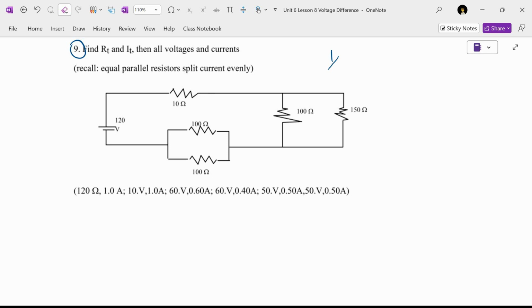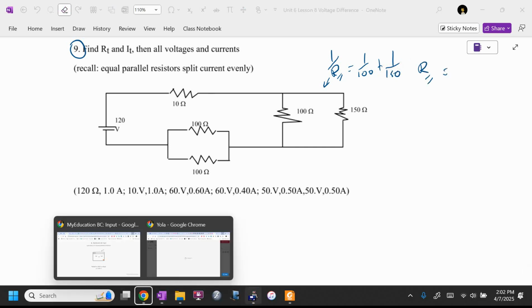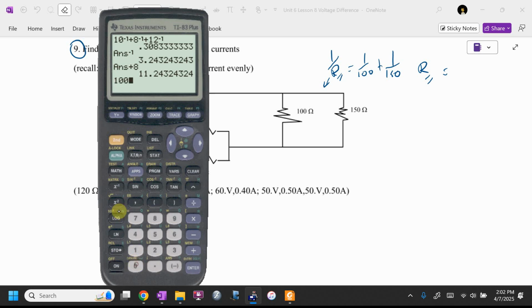Okay, here I can go 1 over R parallel, that's these ones, is 1 over 100 plus 1 over 150. I can combine those two. They're in parallel with each other. 100 reciprocal plus 150 reciprocal, and reciprocal, this might work out nice, 60 ohms.